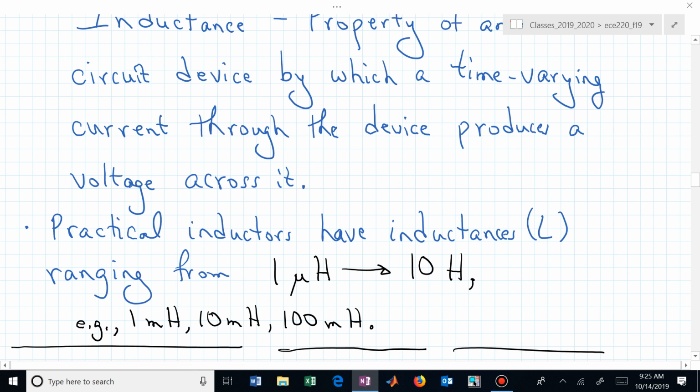So from 0.001 henries to 0.1 henries, that's some representative examples. But you could have a huge value of an inductance, which is 10 henries.